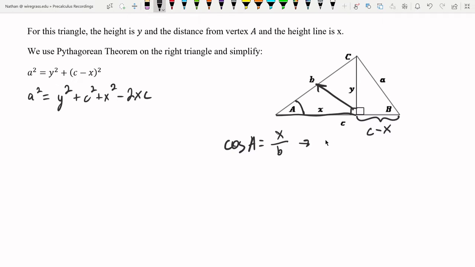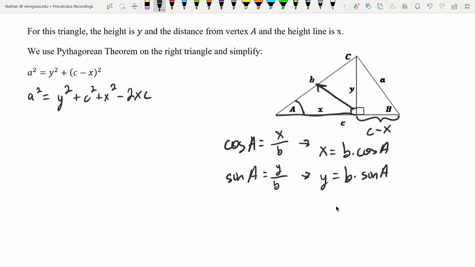This tells me that x equals b times cosine A, and sine of A is opposite, which is y, over the hypotenuse, which is b again. That tells me that y equals b times sine A.